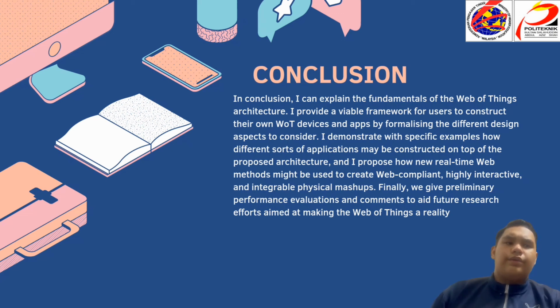We demonstrate with specific examples how different sorts of applications may be constructed on top of the proposed architecture, and we propose how new real-time web methods might be used to create web-compliant, highly interactive and integrable physical mashups. Finally, we give preliminary performance evaluations and comments to aid future research efforts aimed at making the Web of Things a reality.